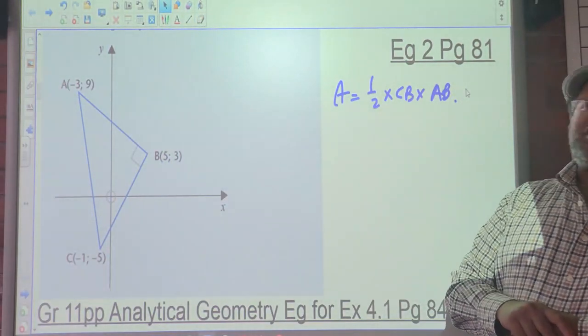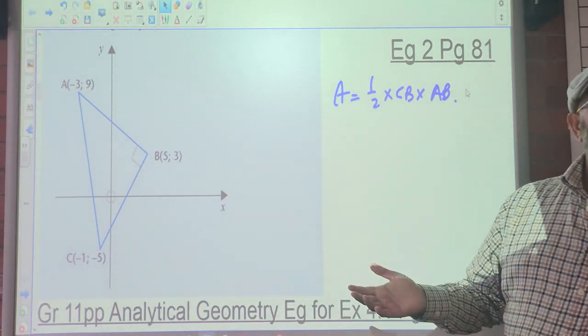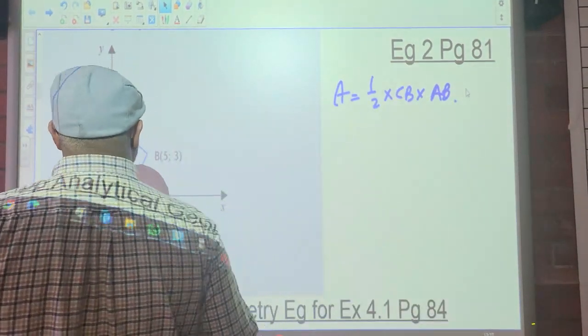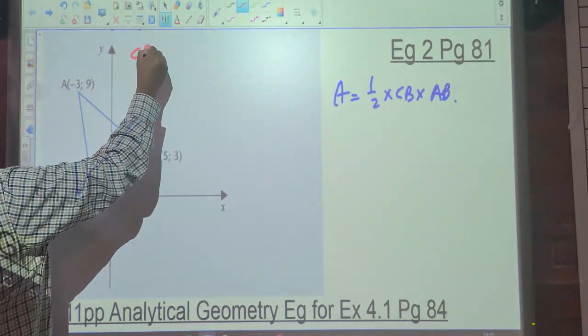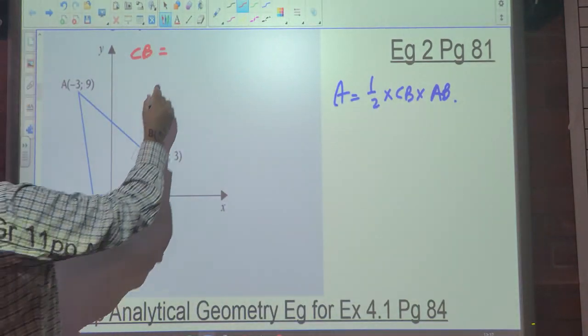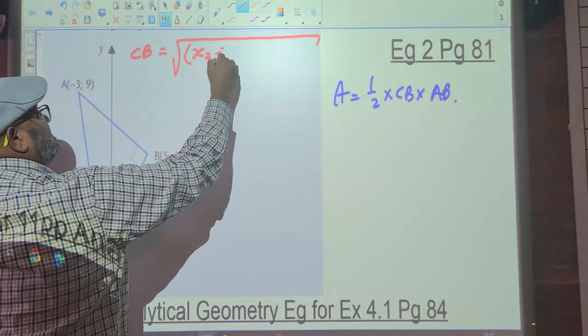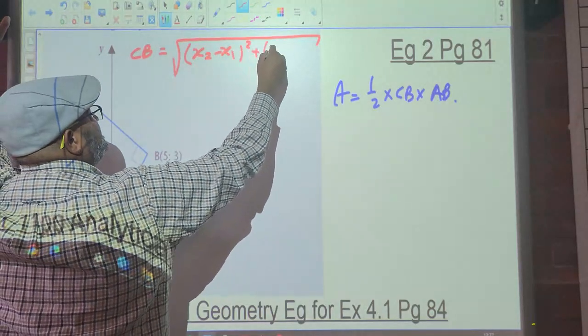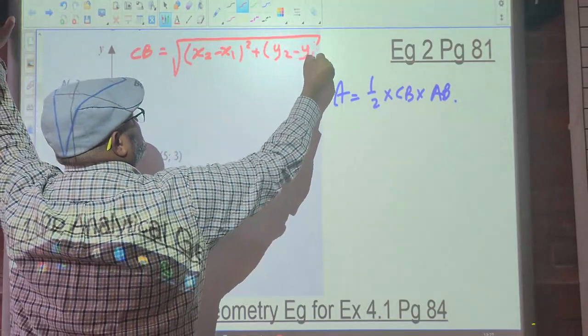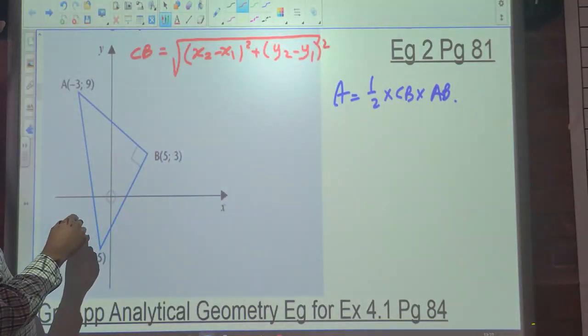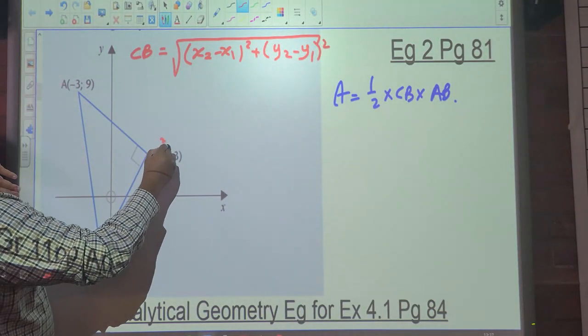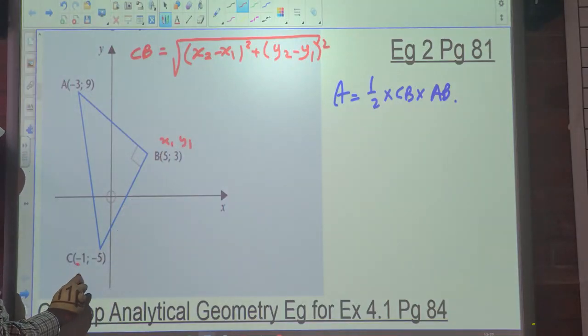So how do we calculate the length of CB? Distance formula. Not so? So let's go. CB is the distance formula. What's the distance formula? Let's see if you guys remember. x2 minus x1 squared plus y2 minus y1 squared. So CB, if you made this x1, y1, this would be x2, y2.